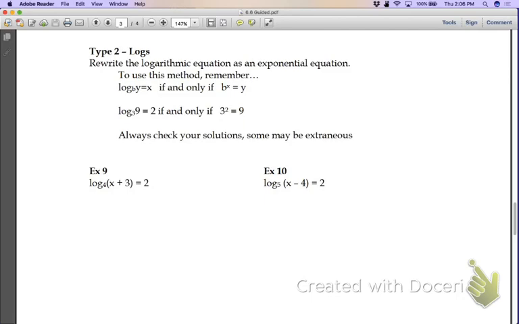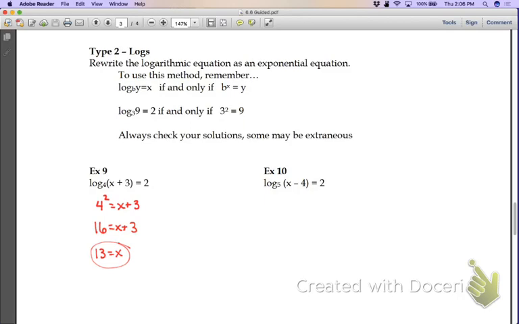Four to what? 4 squared equals x plus 3. Now, what's 4 squared? 16 equals x plus 3. X is equal to 13. Same way on 10.